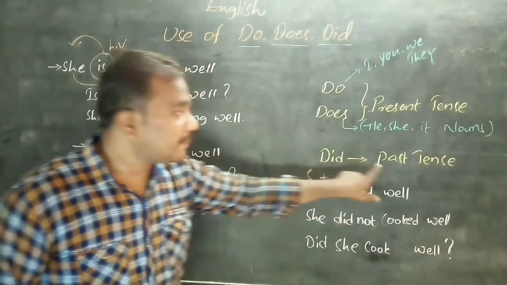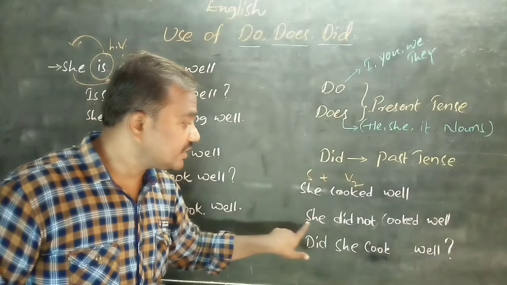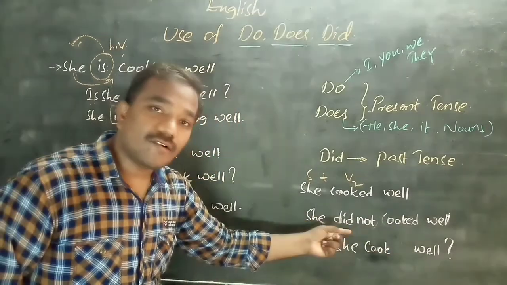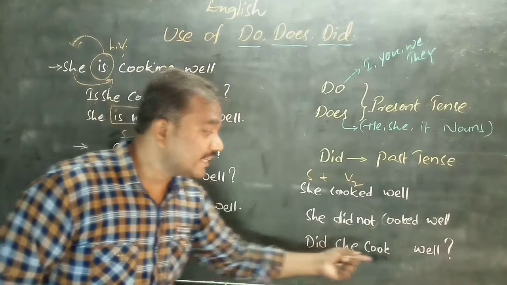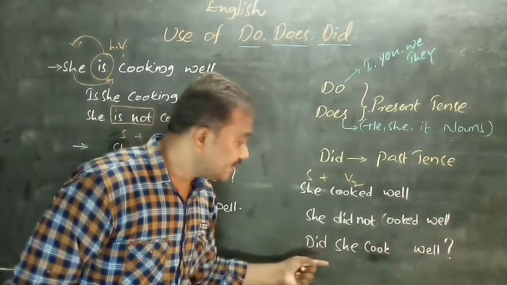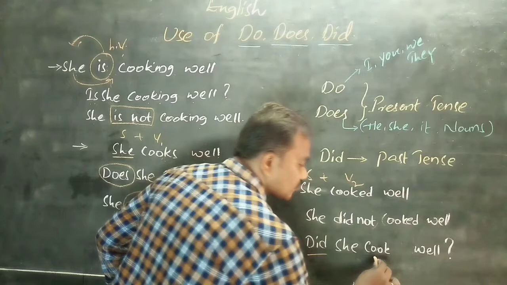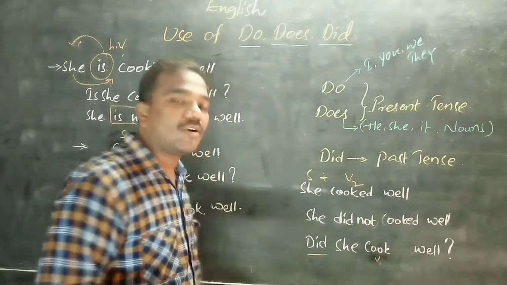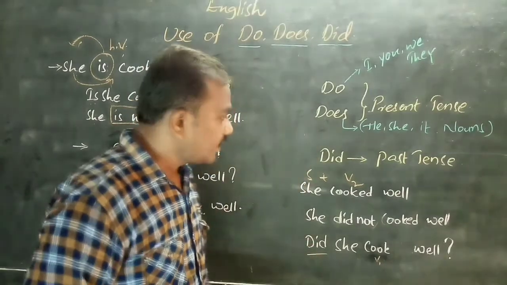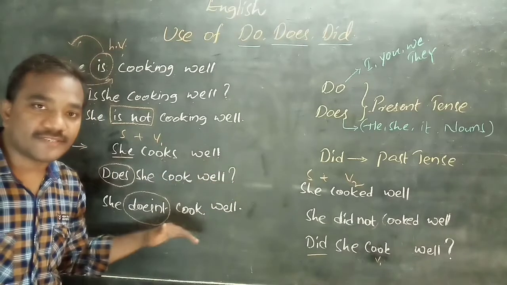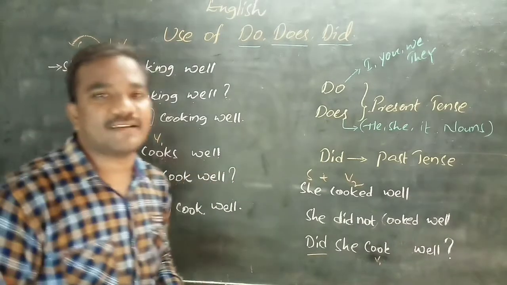I told already that in past tense you have to use did. She did not cook well. And if I would like to convert it into a question, did she cook well? Try to understand. If I use did here, it has to be used in V1 form itself, but not V2 form. So this is how to use it in 2 different ways with a simple example.